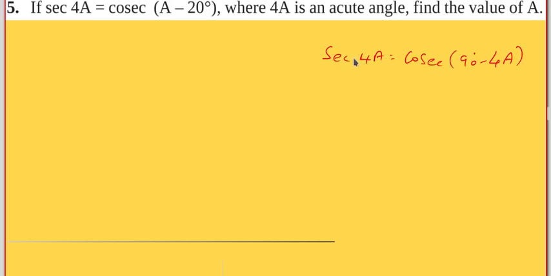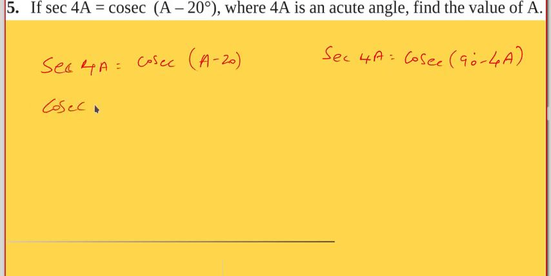So in place of secant, let me write this cosecant itself, then both sides will be cosecant itself.